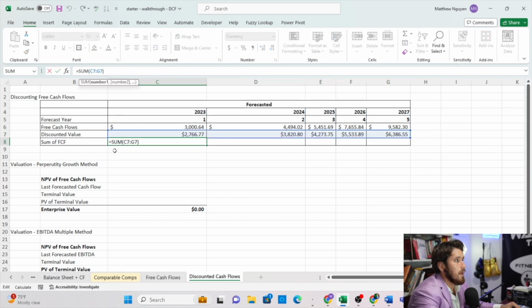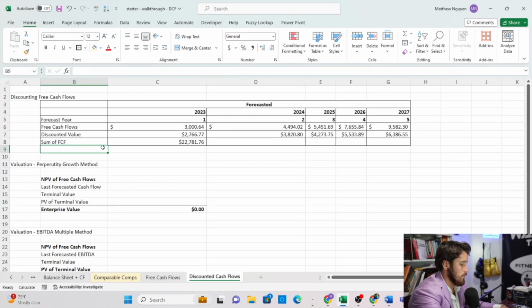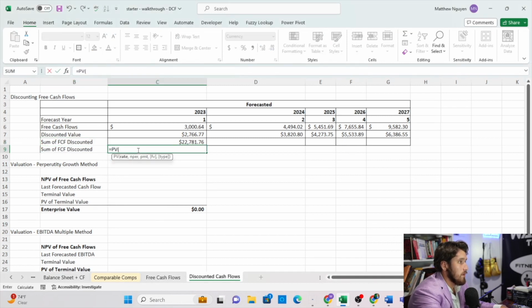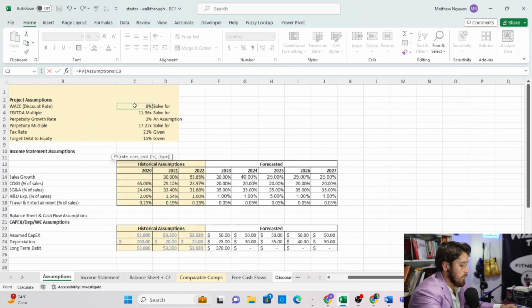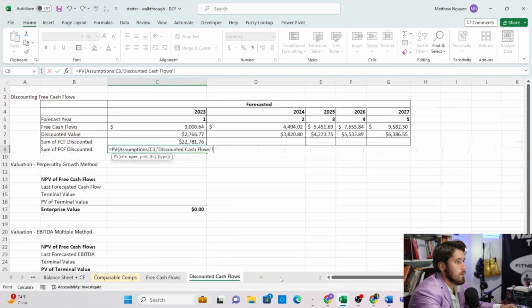So we can either sum that, or we can even just do this: sum of discounted, this would be the same. So you can just do PV. The rate will be our WACC. Or NPV.